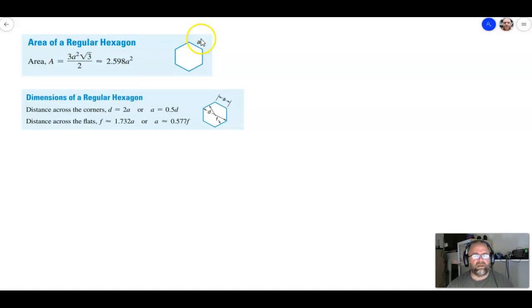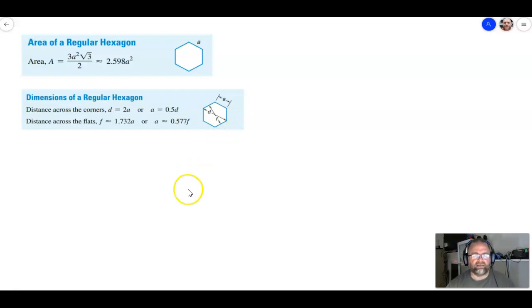If we know the length of one of the sides, remember all the sides are the same, we can put it into this formula here, which is 3a squared times the square root of 3 over 2. And if we know the dimensions of possibly a side or a flat, which goes from the middle of one side to the middle of the other side, or the diagonal, which goes from one of the corners to the opposite corner, we have these formulas here to help us find the other distances.